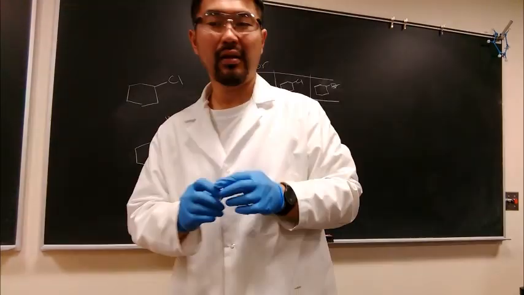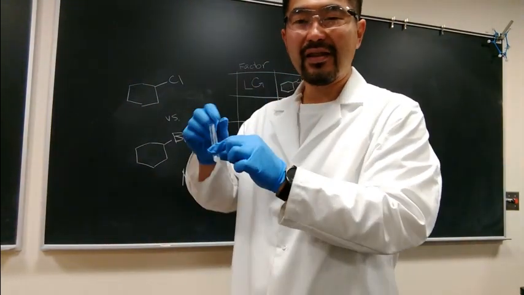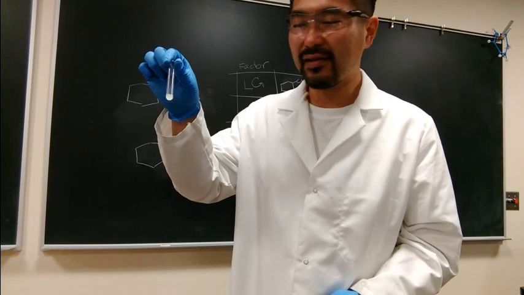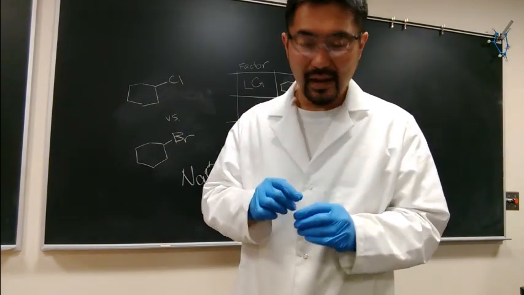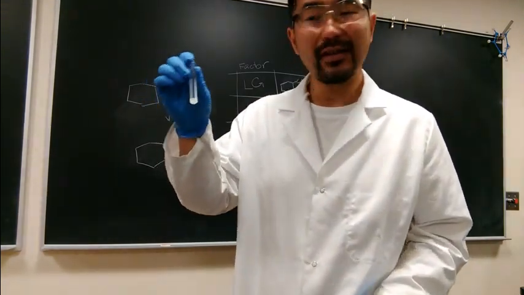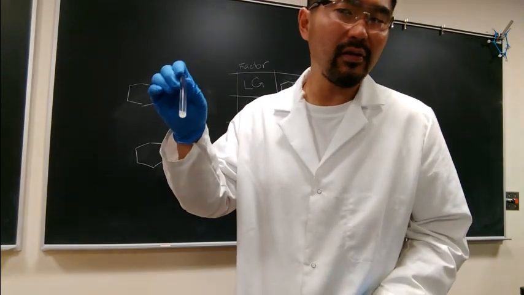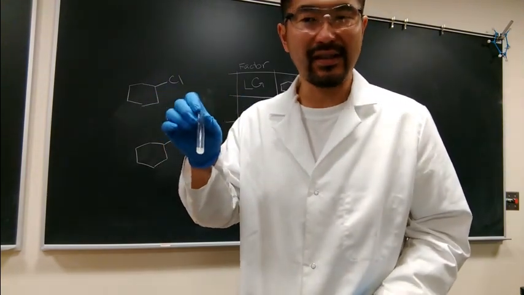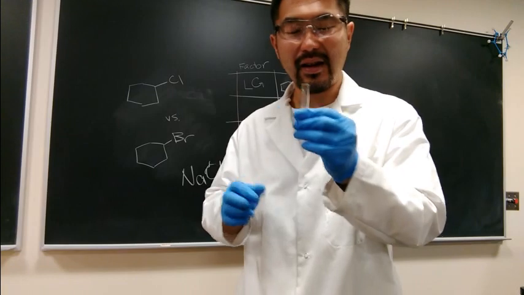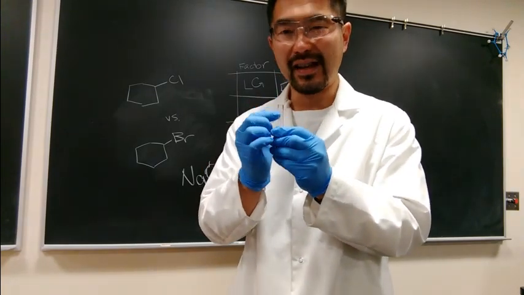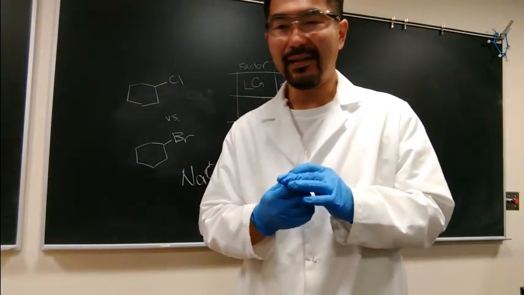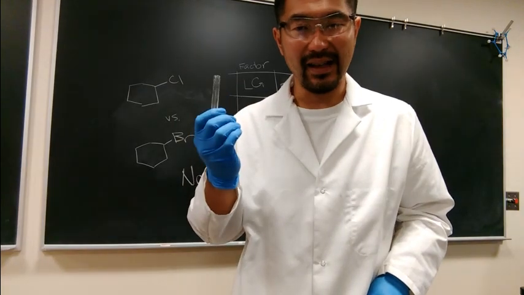Okay. Now, even though in this demo I'm just doing one reaction, just for the time's sake, you will want to do 3, 4, or maybe even 5 or 6 reactions at a time. You just have to make sure that you label each test tube clearly to indicate exactly what is in it.